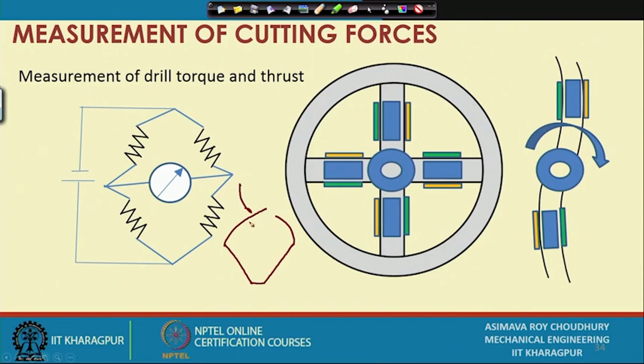Okay. What do you mean by this? Suppose this cutting lip is experiencing this force and it is experiencing that force. So, in that case, this will also be experiencing this force and an opposite and hopefully equal force in this direction. So, this will be cancelled out, but this remains, and this is called thrust.